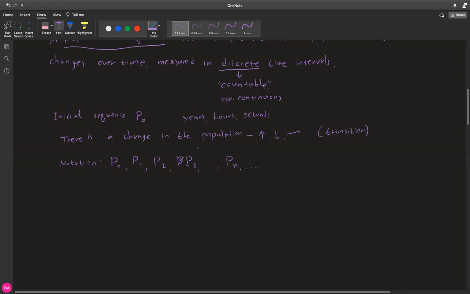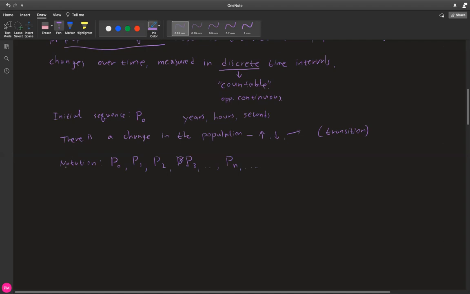I use the word population, but it could be anything, like the number of cases of COVID. That's just one thing. This can be used for simple modeling of any increasing, decreasing, or even steady population or data like that.